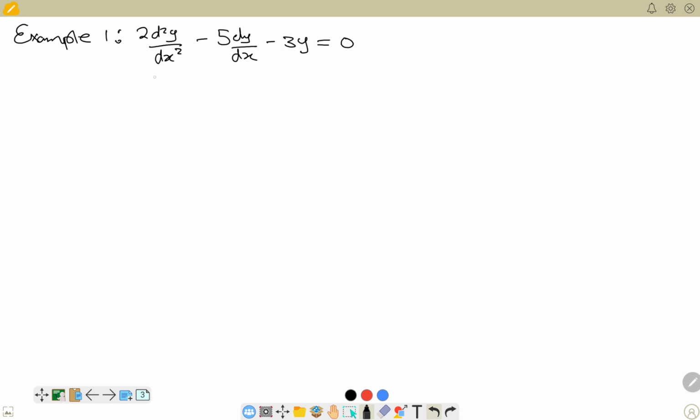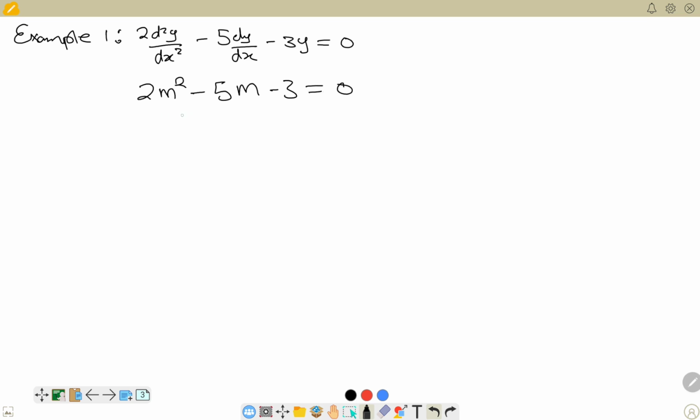We change this differential equation to a characteristic equation. So it's going to be 2m squared. We replace the derivative now with m. We get rid of y. We only write its coefficient like we explained.